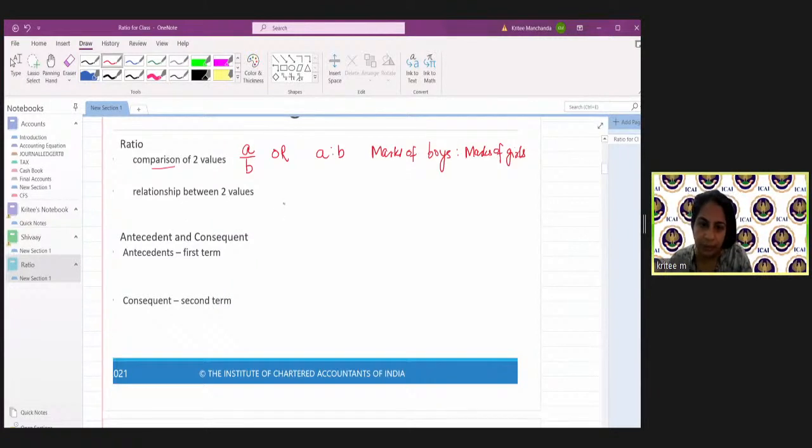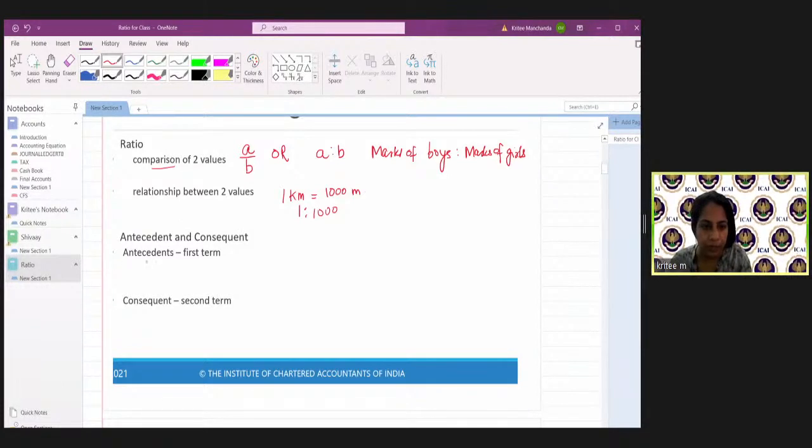Say for example, in 1 kilometer there are 1,000 meters, so 1:1,000. It shows the relationship between the two values. So ratios are used for comparison. They are used as the relationship between two values.